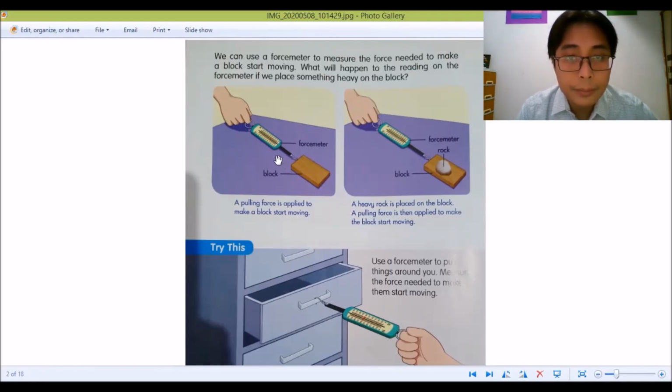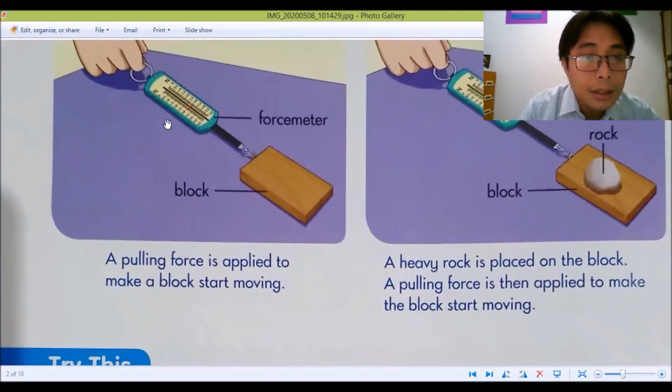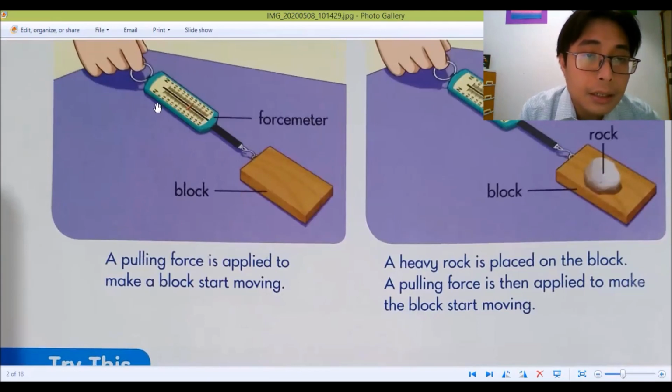Here we can see the measurement for the pulling force for this block. Let's read it.